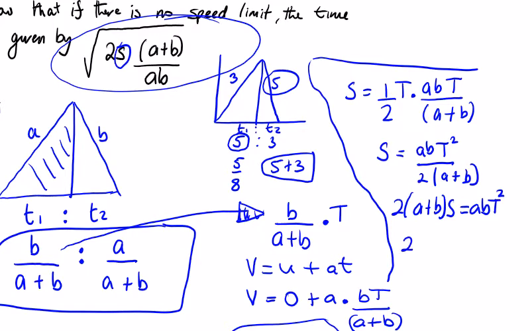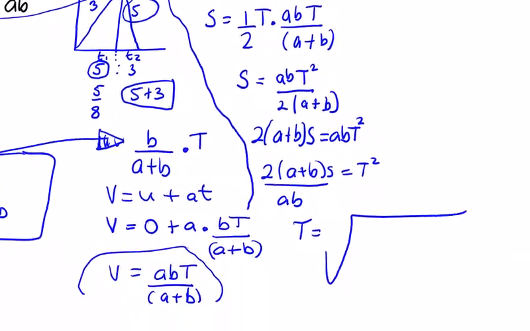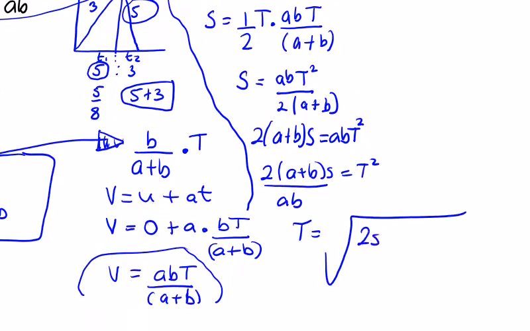And if I divide across by AB, I'm going to get 2 times A plus B times S over AB is equal to T squared. So T will be equal to the square root of, is it S? It is 2S, yeah. 2S times A plus B over AB.